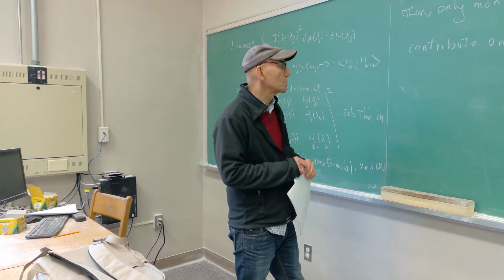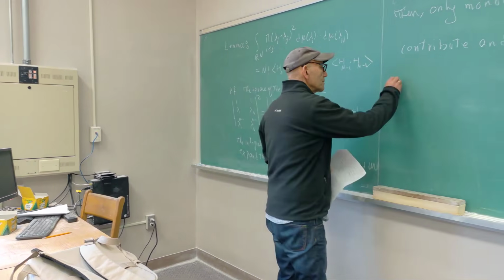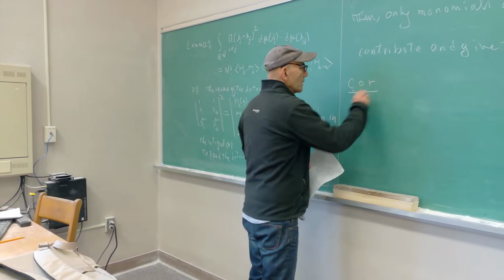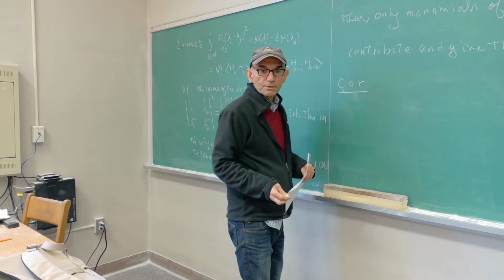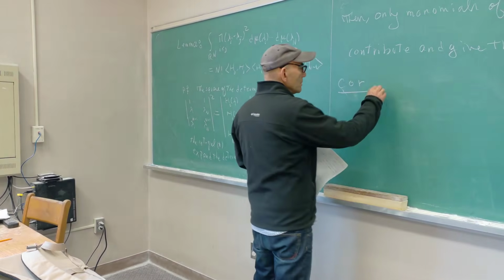Okay, good. So the corollary is the volume of unitary groups. That's what we can do.